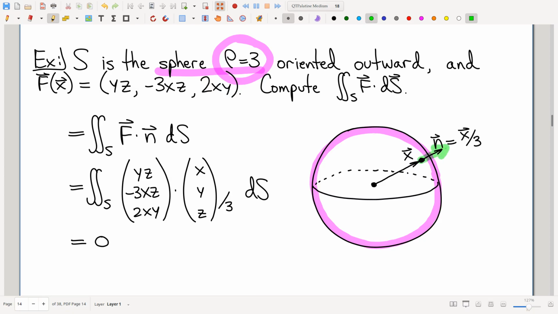The normal vector, in this case, is going to be a scalar multiple of the position vector, because I argue as follows. Spheres, centered at the origin, being what they are, the position vector is a radius. And spheres have the feature that a radius is always perpendicular to the surface.